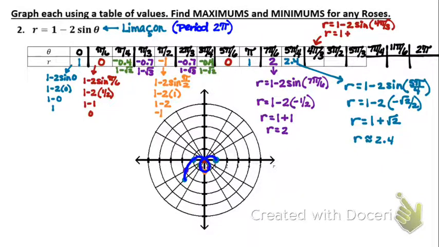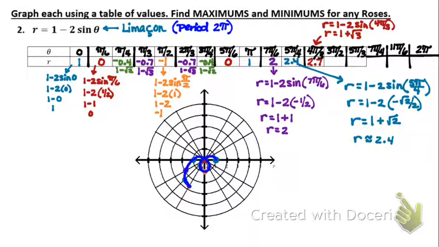So when I multiply that by negative 2, I end up with 1 plus radical 3. 1 plus radical 3 is approximately how big? Right about 2.7. So at 2.7, we're getting really close to that third radius line there.